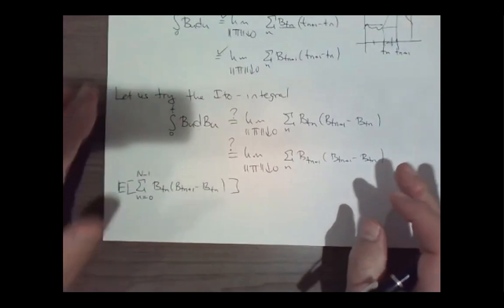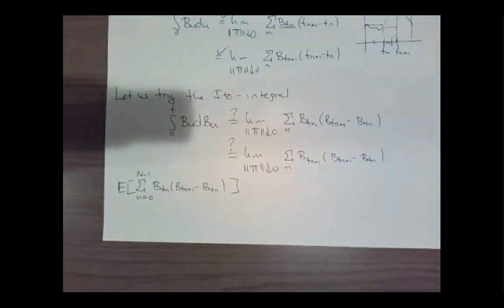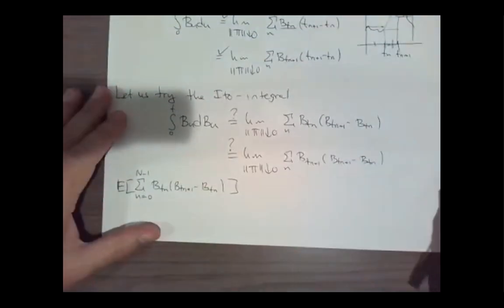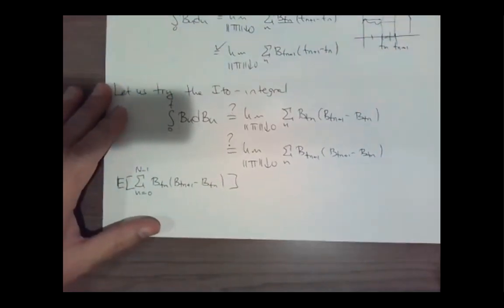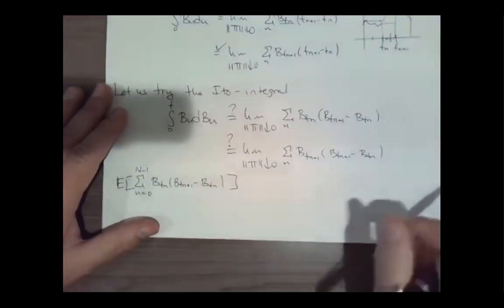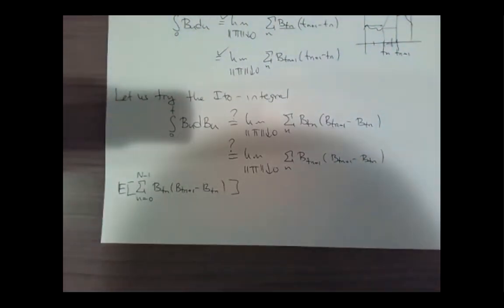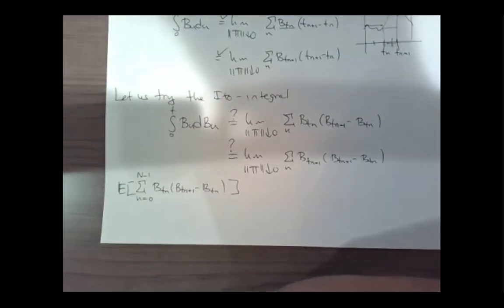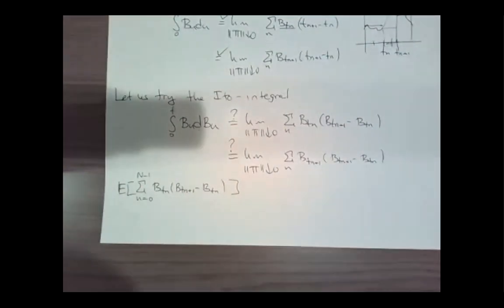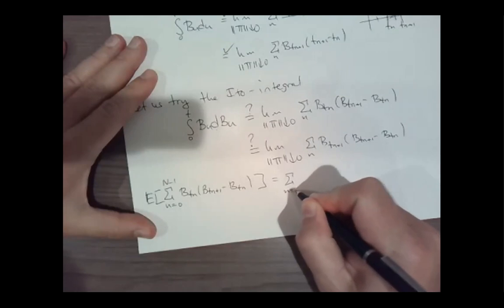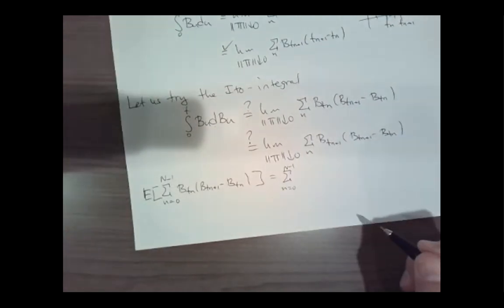How do we calculate what this is? Well, it's an expectation of the sum. So we could start by putting the sum outside. And then what?